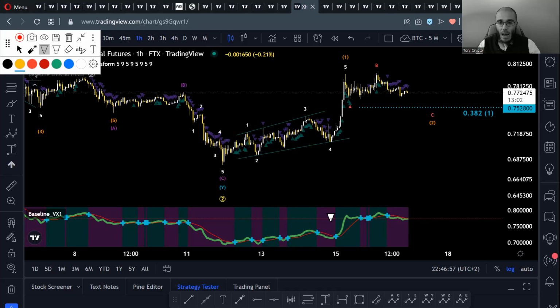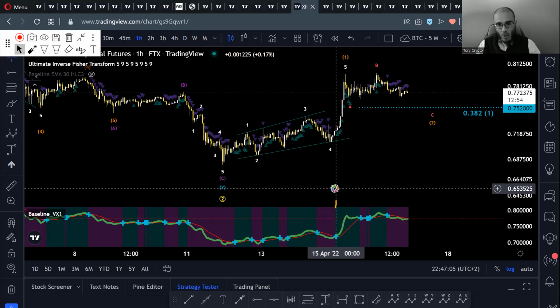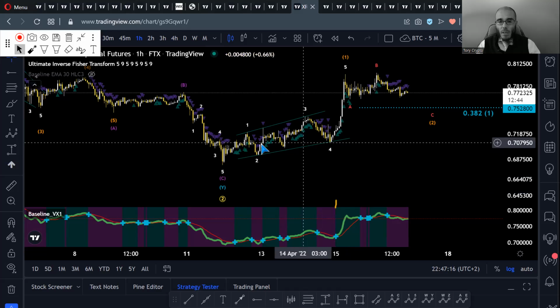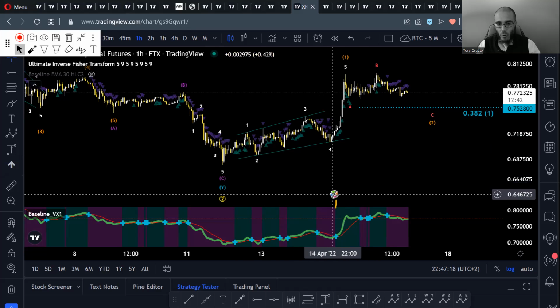And I quite like it because, for example, here you had the cross. If I look, I think it happened 2 candles below the bottom. It gave you the cross. And let me see if I'm right.